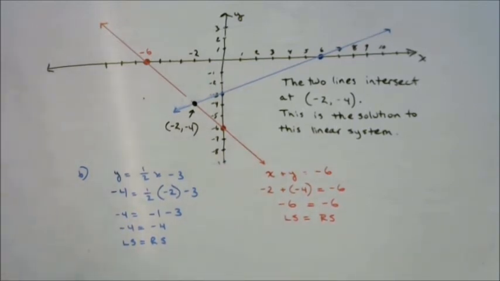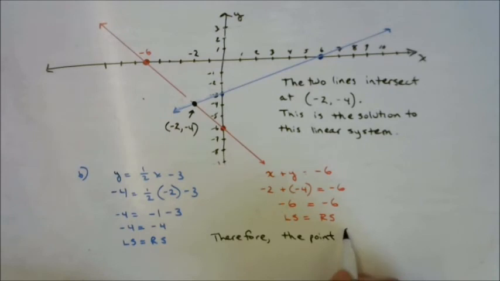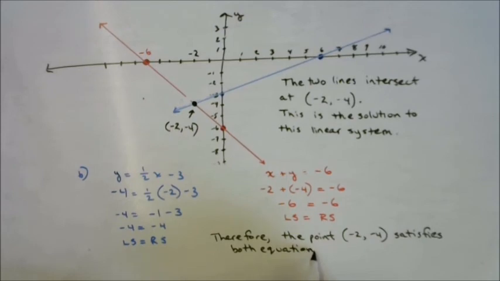And then we can say, therefore, the point -2, -4 satisfies both equations. Therefore, it is the correct solution to the linear system.